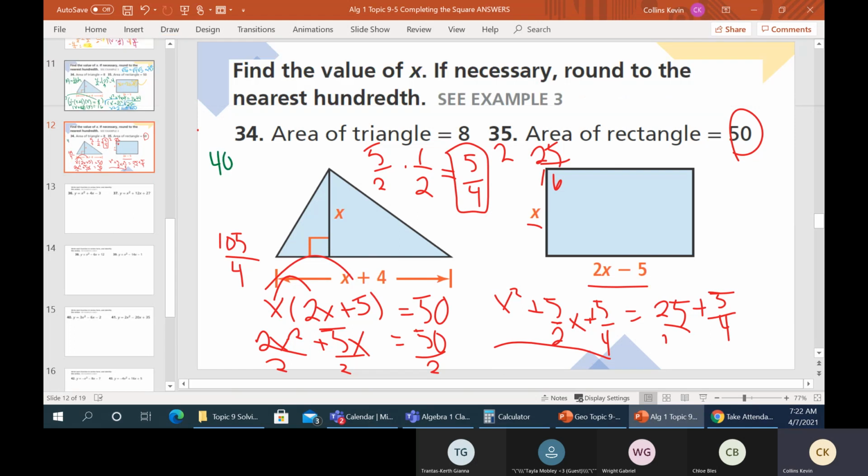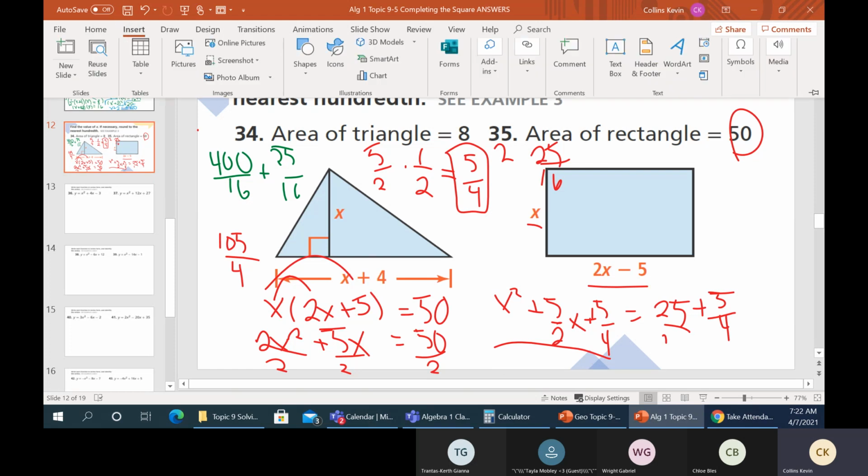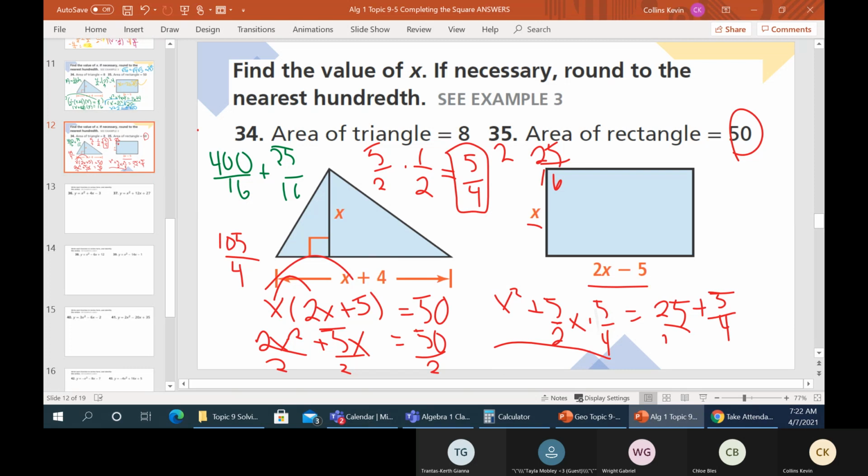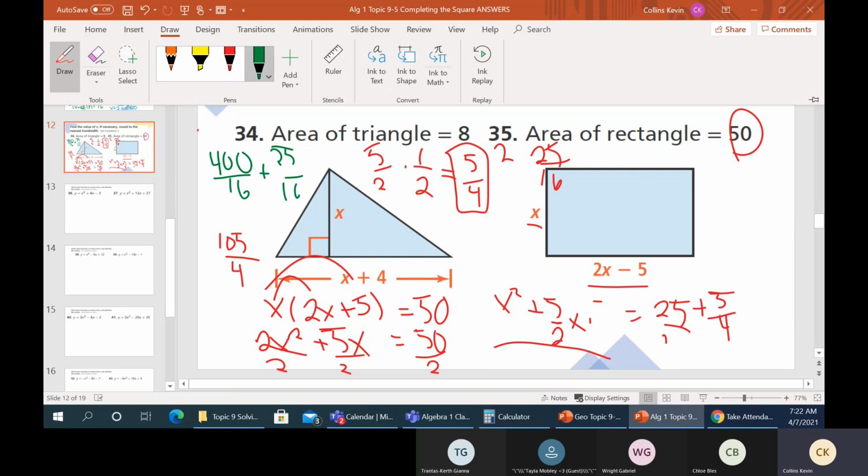So 400 over 16. So that's just a fancy version of 25 plus 25 over 16. So it means I need to fix this down here. My apologies on that. So this guy is going to be 25 over 16.